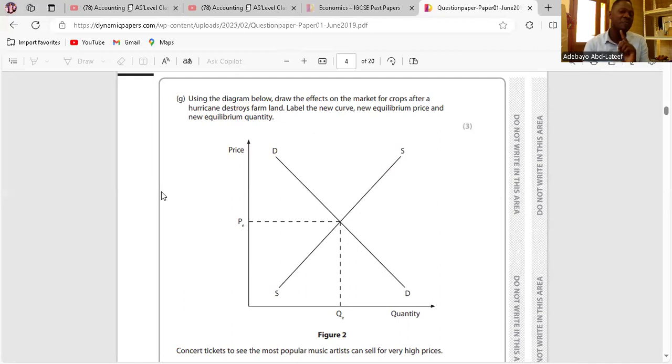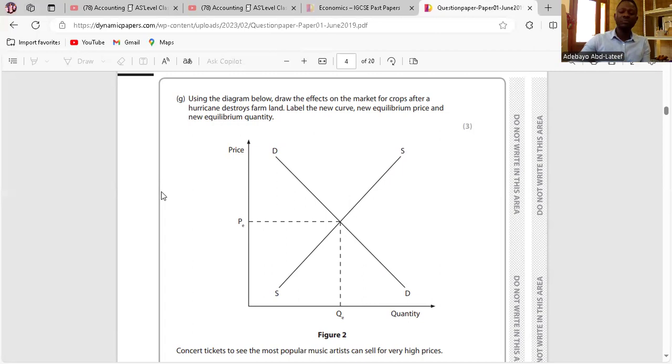As a result, there will be movement along the demand curve upward from PE to PE1. That means we're going to have a higher new equilibrium price, a lower equilibrium quantity, and a leftward shift in the supply curve. Clear? So the graph is drawn here.